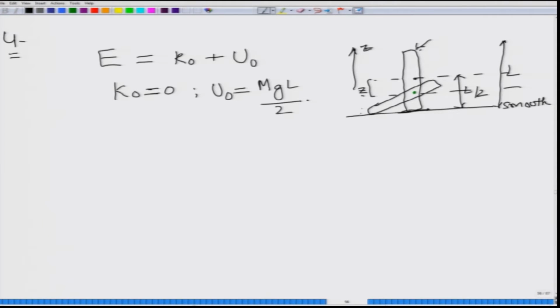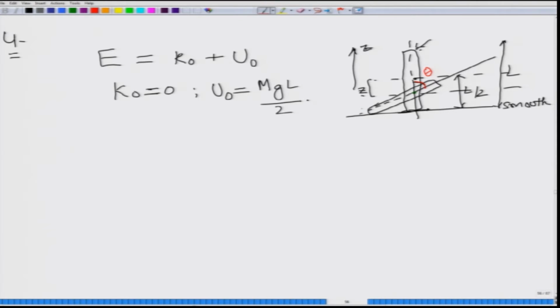As the rod falls down, its inclination with respect to the vertical increases. Initially with the vertical it is making angle 0, now this angle theta is increasing. We want to find its velocity with respect to theta, assuming that we can measure theta.